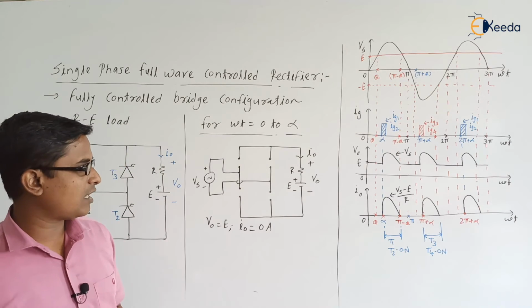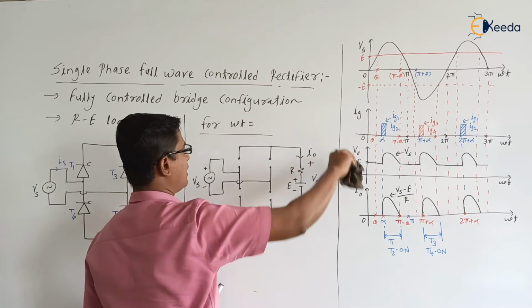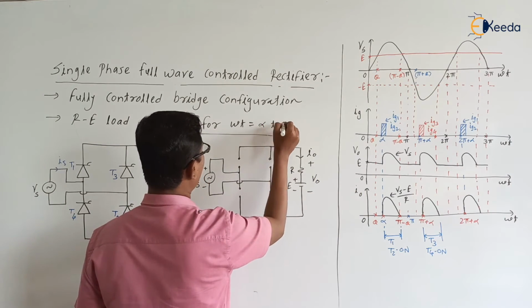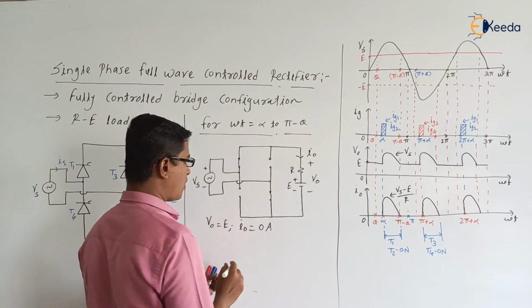Next, for omega t from alpha to pi minus theta, what will happen? These two thyristors will be in the on state now.